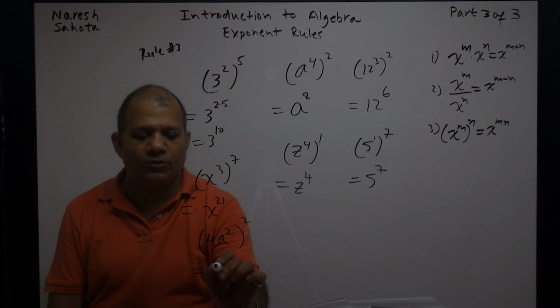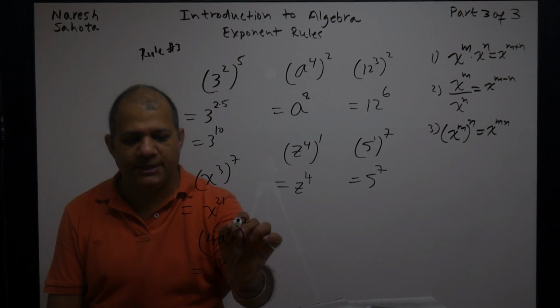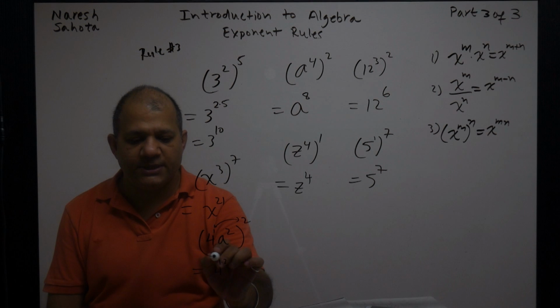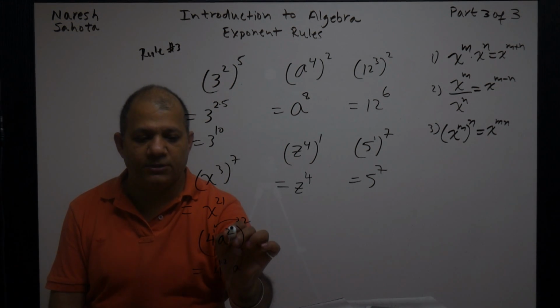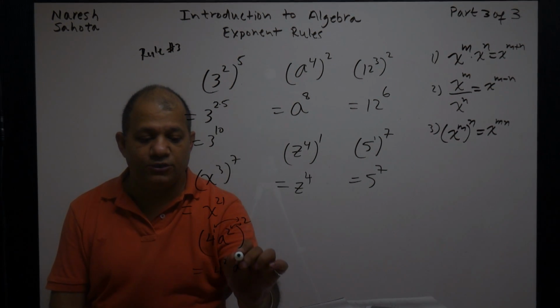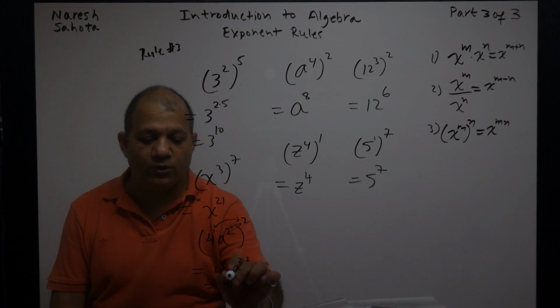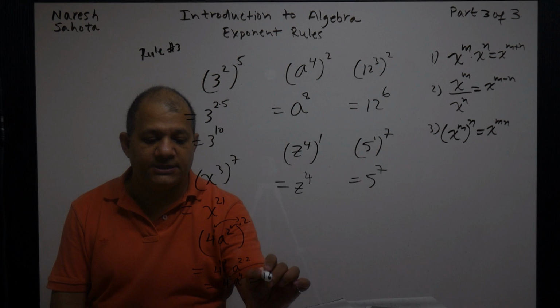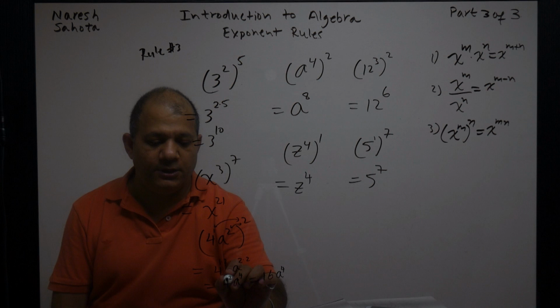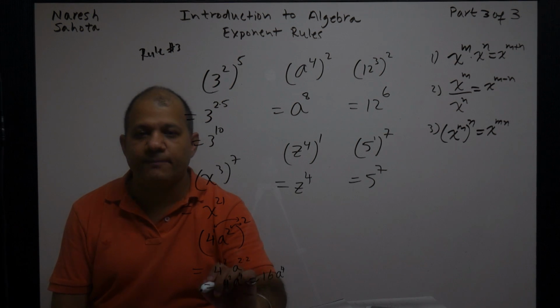So this is going to be 4 to the 1 times 2, so 1 gets multiplied with that 2. That's the exponent on base 4. And then for a, you multiply its exponent with the 2, so this is 2 times 2. So the final answer is 4 squared a to the 4, which is 16a to the 4.